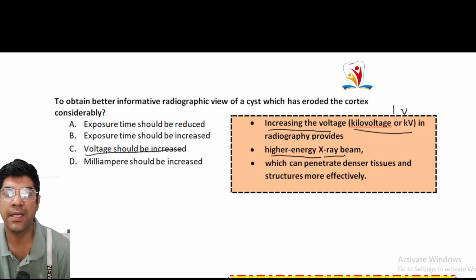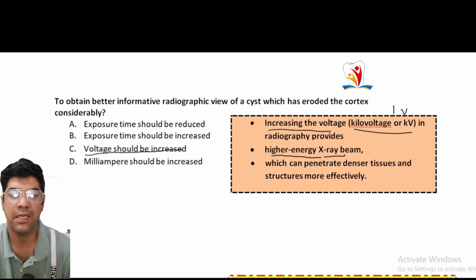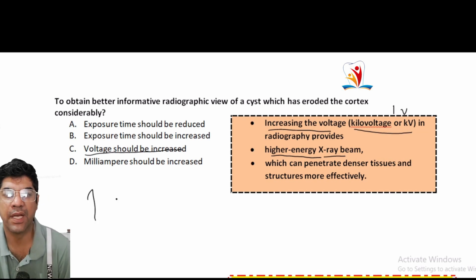So this higher energy beam would penetrate the denser tissue more effectively. When a cyst has eroded the cortex considerably, it may result in increased opacity or thickness in the area, making it more difficult to visualize on the X-ray image.